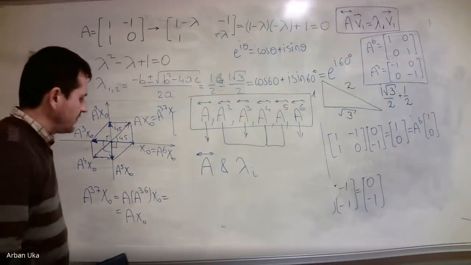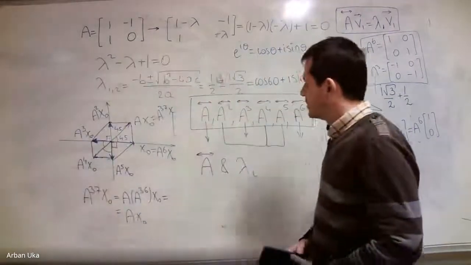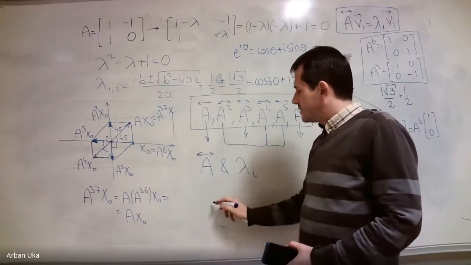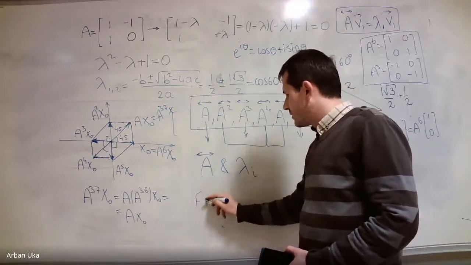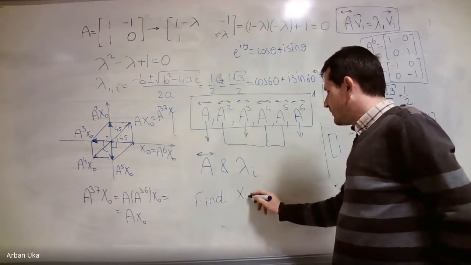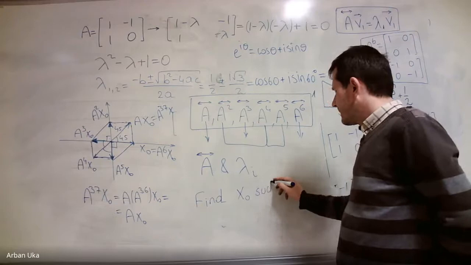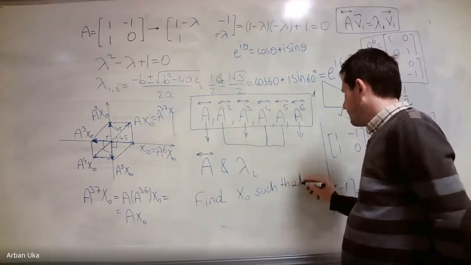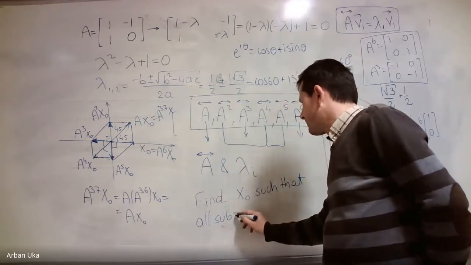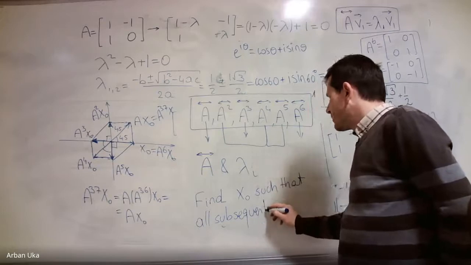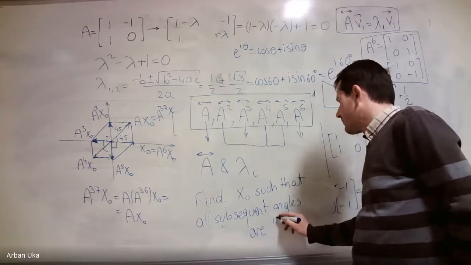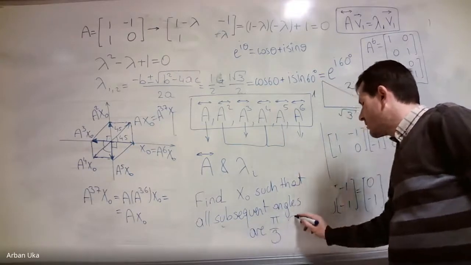One interesting exercise for you would be the following. Can you find a vector x0 such that all subsequent angles are pi over 3?